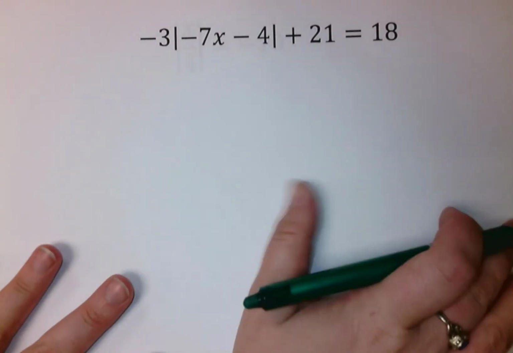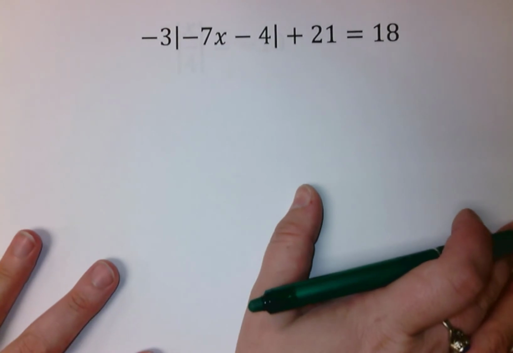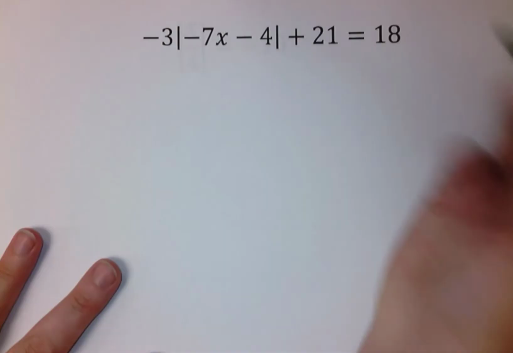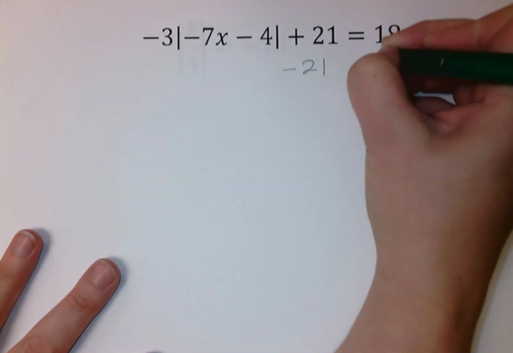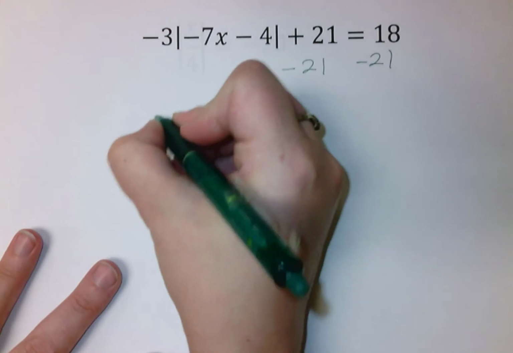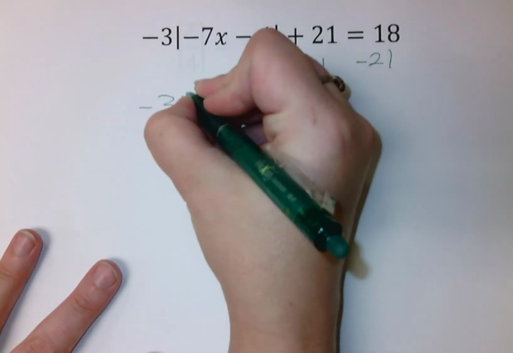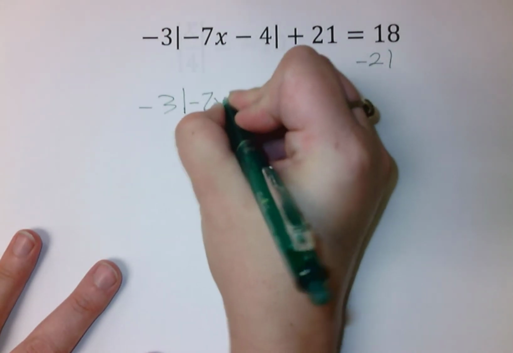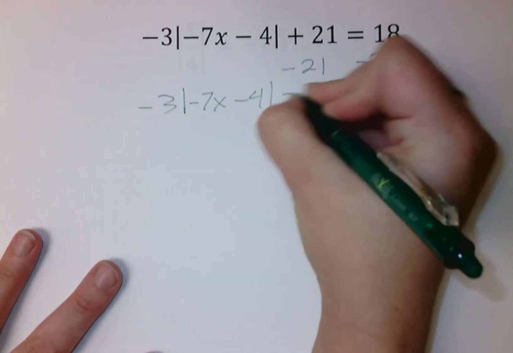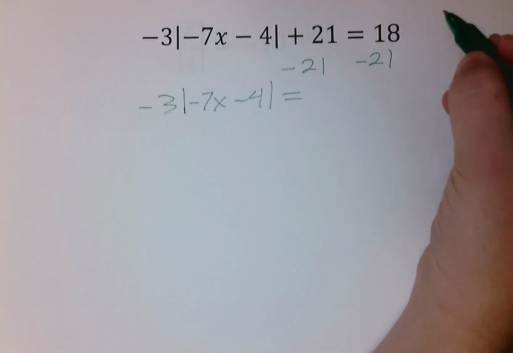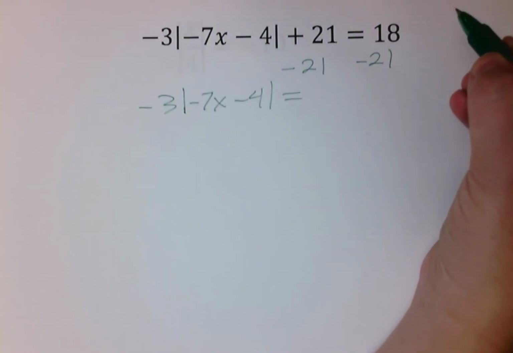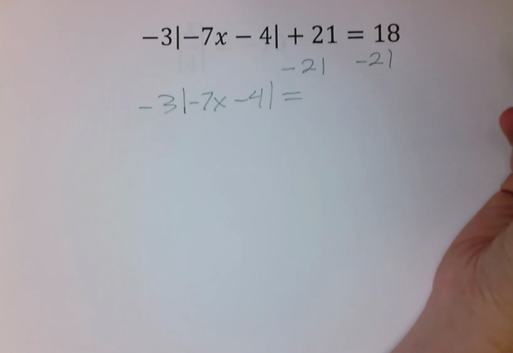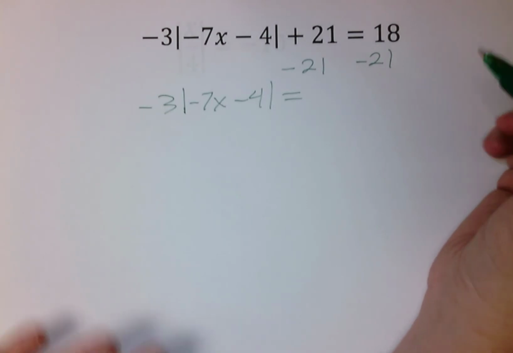Just like solving an equation, I always undo addition and subtraction first. Now notice I've got something multiplying and adding this time. So I'm going to subtract the 21 first. That still leaves me with negative 3 times the absolute value of negative 7x minus 4 equal to 18 minus 21, which is negative 3.